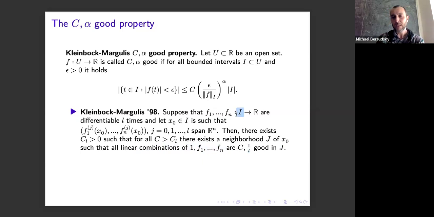It's not that the linear combinations are C alpha good in the whole I. They're C alpha good in J.